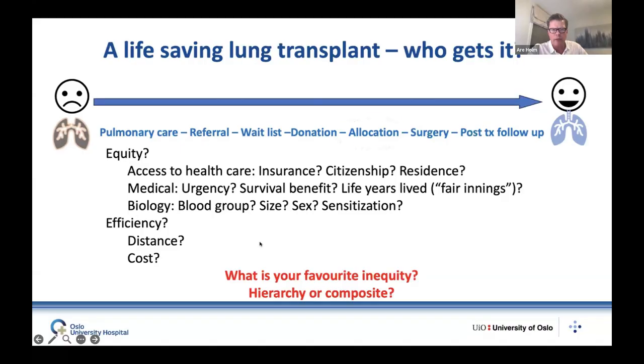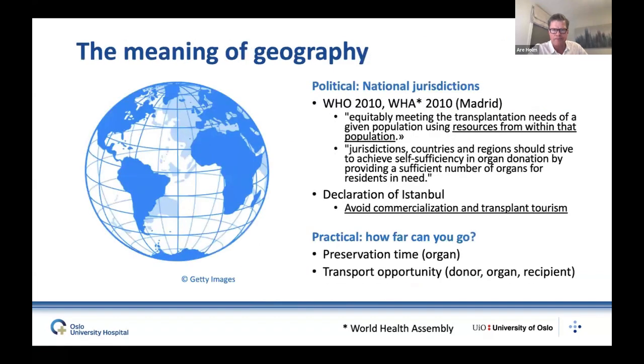Is that what you want to do? And today we are choosing this particular situation and this particular inequity to discuss. That's sort of the focus. And it's good, I think, to just be aware that there are a lot of other factors that affect the end result of access to lung transplant.